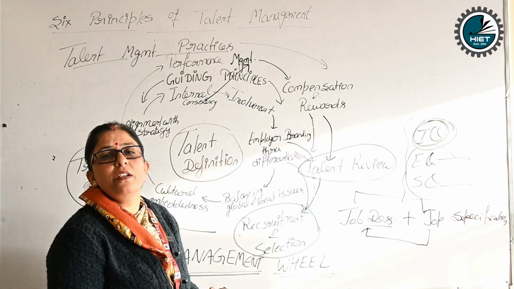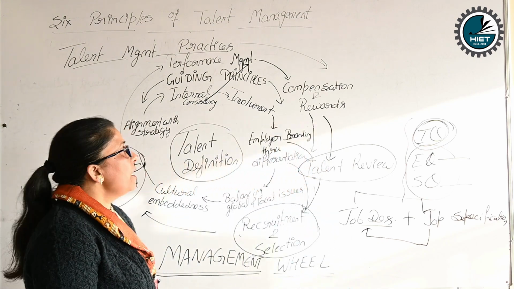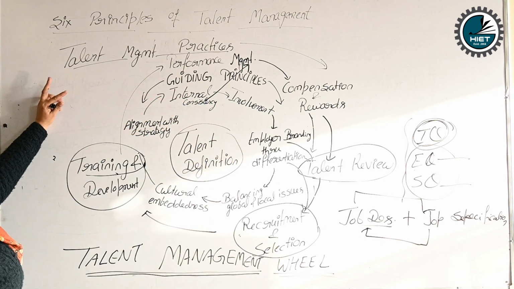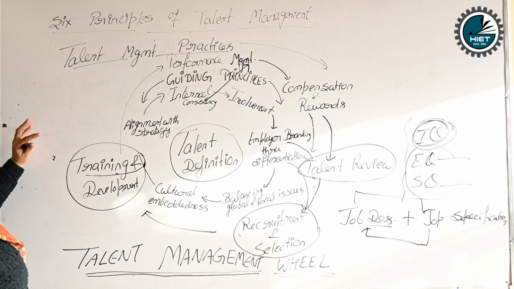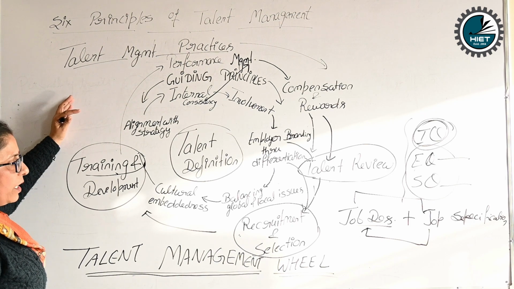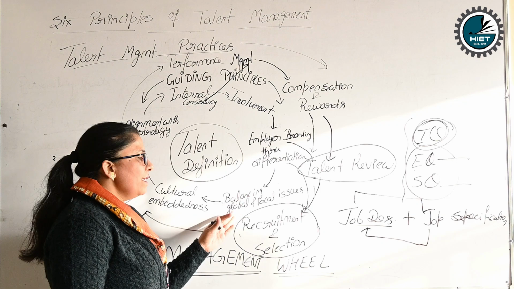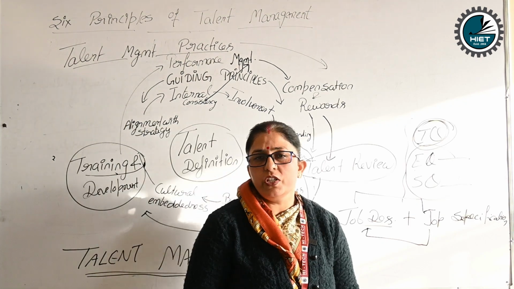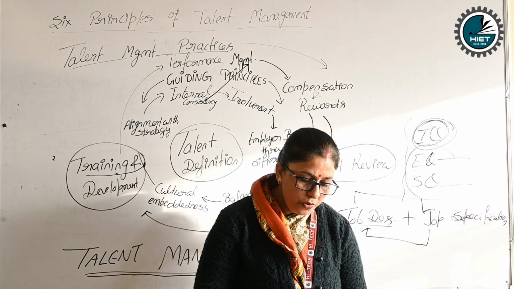International HRM means International Human Resource Management. These functions totally depend on the HRM policies or HRM practices of any organization. So while balancing global issues, we have to think about international HRM.